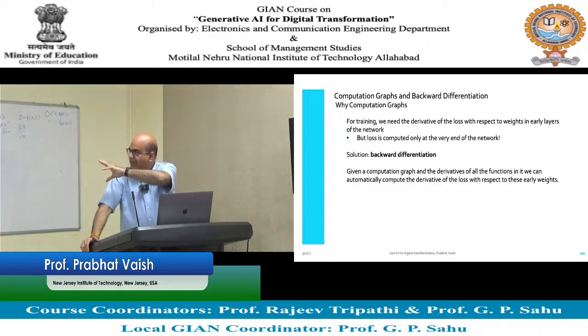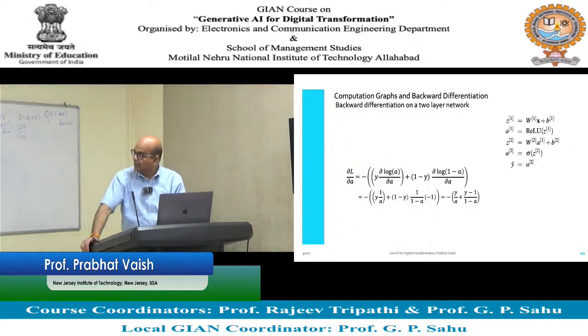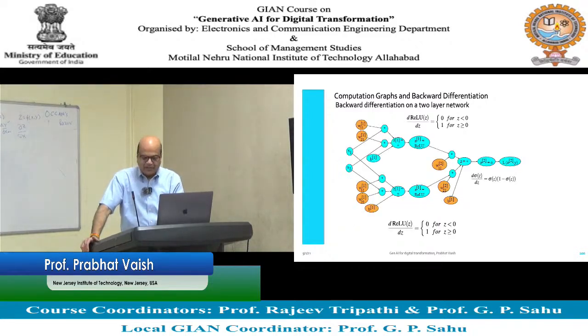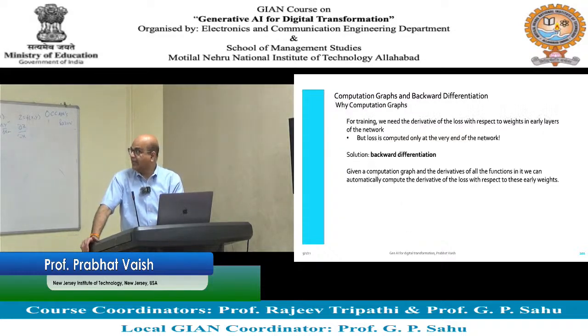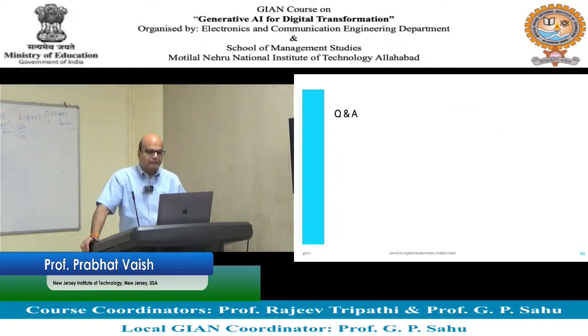Because we want the network to be really big, we want it to be efficient as well. Okay, those of you who are inclined to go through the math, go through this on your own. You'll find how exactly it's working. I don't want to spend time going over the entire math here, but this is what it is: backward differentiation, the efficiency aspect of it. Okay.